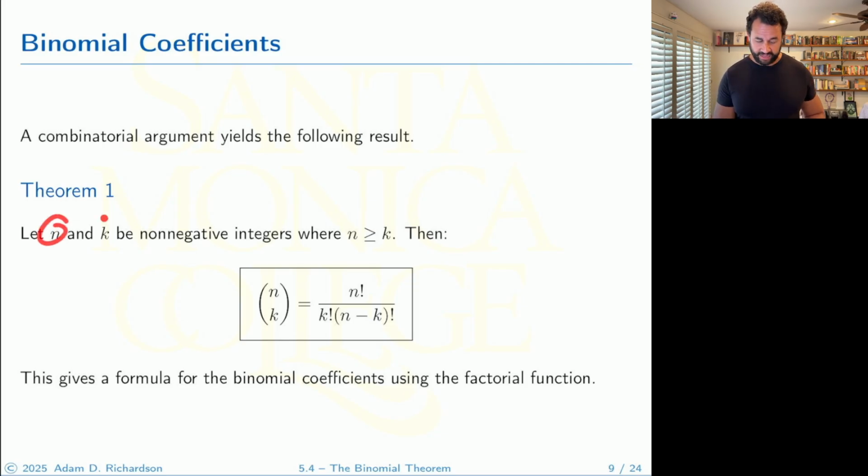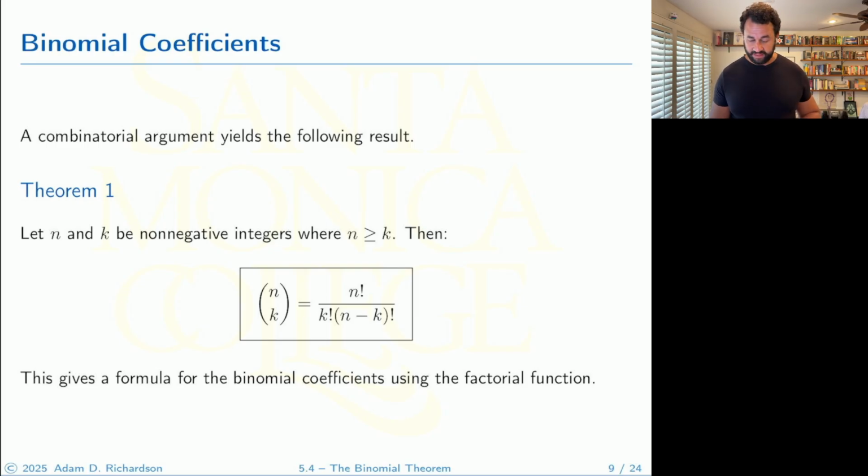So let n and k be non-negative integers where n is greater than or equal to k, then the value n choose k is equal to this expression, n factorial over k factorial times n minus k factorial. All right, so this is the formula for the binomial coefficients using the factorial function.